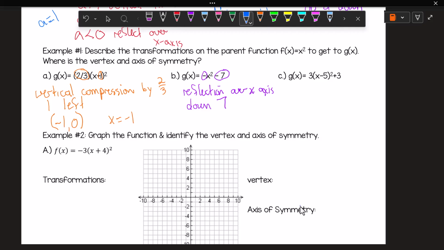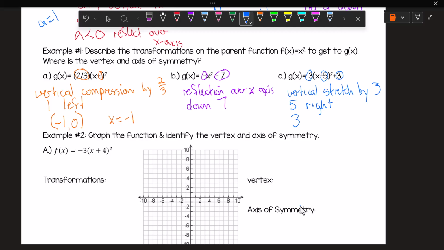Now letter C has 3 transformations. We got a 3, we got a 5, and we got another 3. So the first 3 is a vertical stretch by 3. That 5 on the inside means we move 5 to the right because it's the opposite, even though it says minus.